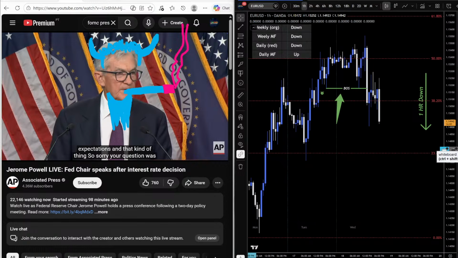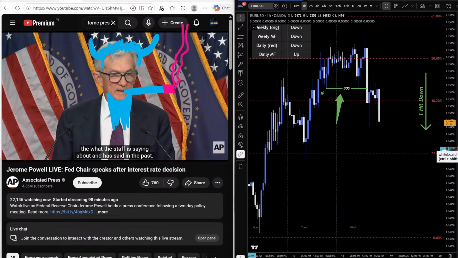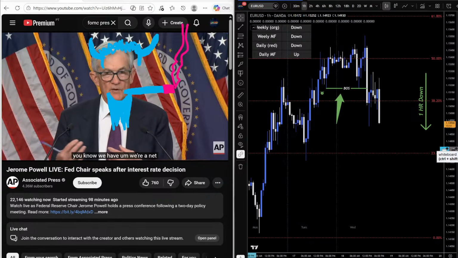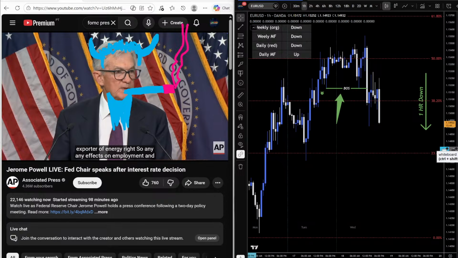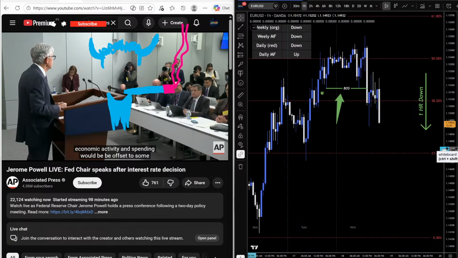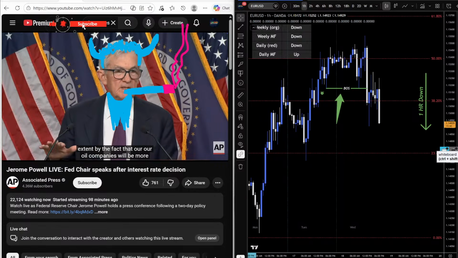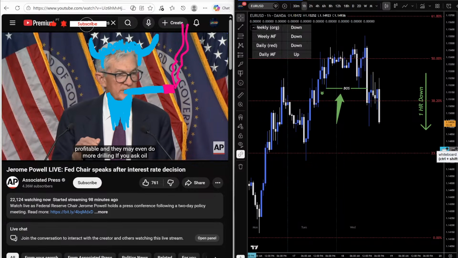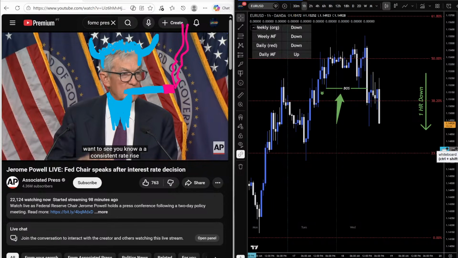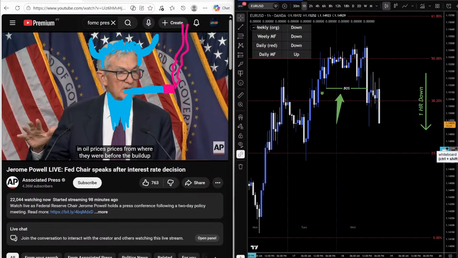We're a net exporter of energy, right? So any effects on employment and economic activity and spending would be offset to some extent by the fact that our oil companies will be more profitable and they may even do more drilling. If you ask oil companies about doing more drilling, though, they're going to want to see a consistent rise in oil prices from where they were before the buildup for the war, and they're going to want to believe that that's going to be persistent for a fairly long time.